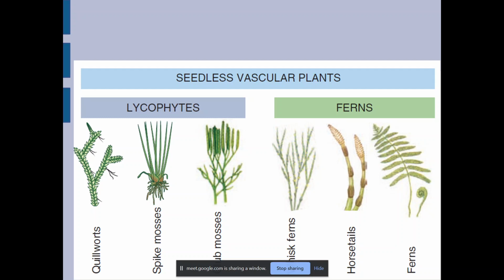In the northern hemisphere and in temperate environments like in Kazan, for example, the seedless vascular plants are relatively small, but in the tropics and in Egypt, for example, the ferns can grow up to 60 feet.